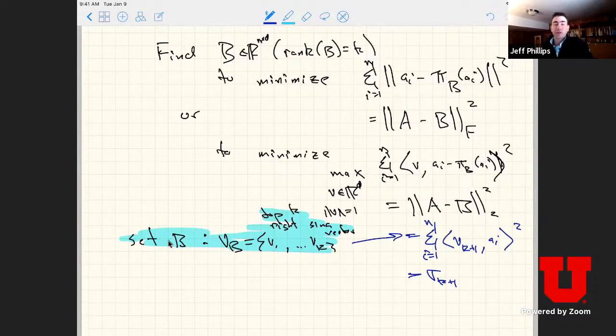So what is the most variation left after I factored out the first k right singular vectors? Well, that's going to be the k plus 1 singular vector by definition. You define these recursively by the most variation left after I factored out the k before it. And that's what this spectral norm is capturing here.